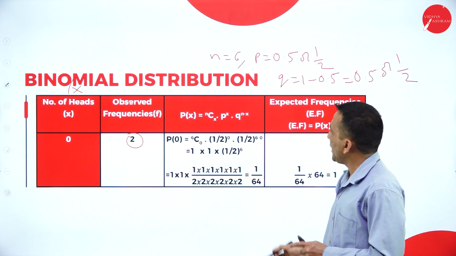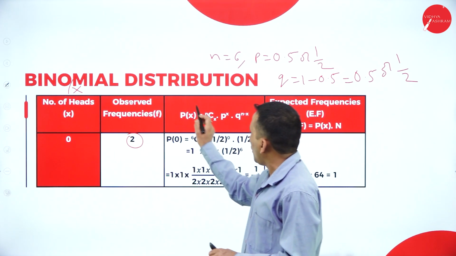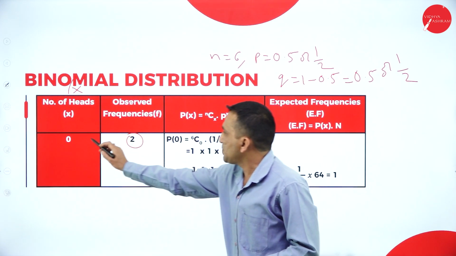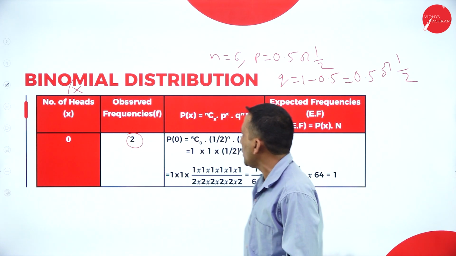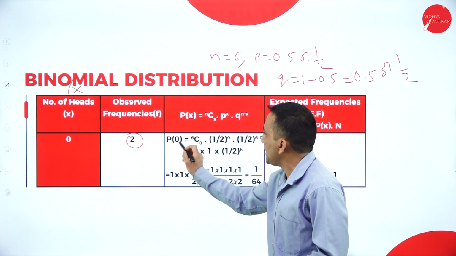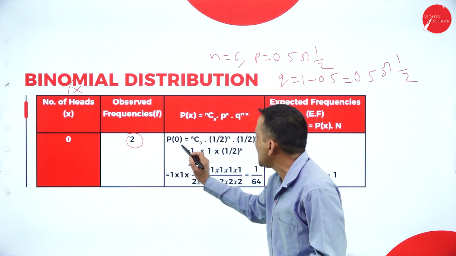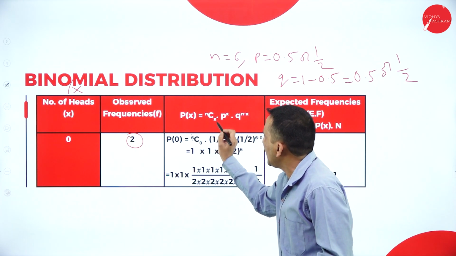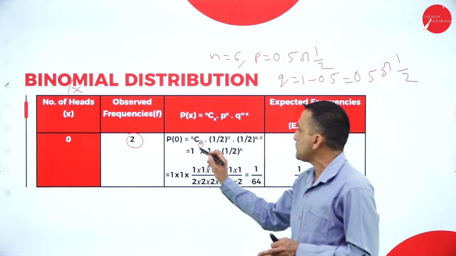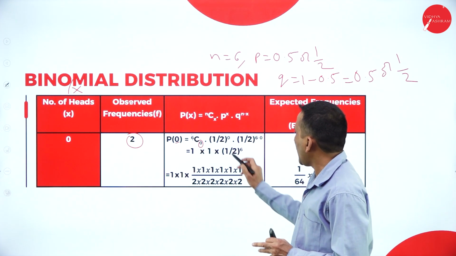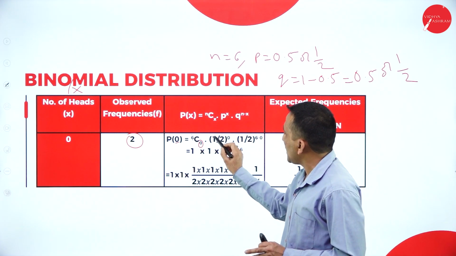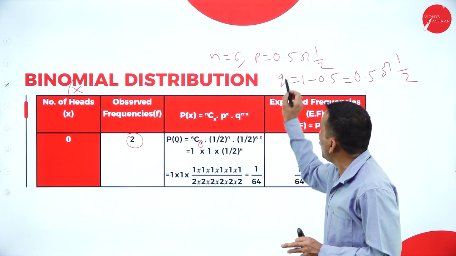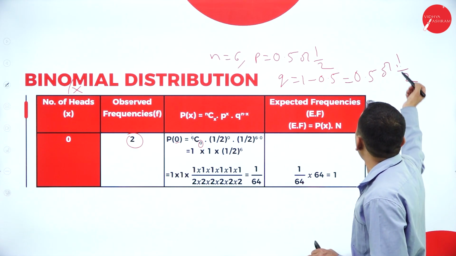The binomial variate will start from 0. So P of x, for the first value x equal to 0, n equal to 6, 6C0, and p to the power 0 is 1 by 2 to the power 0, into q, which is 1 by 2.